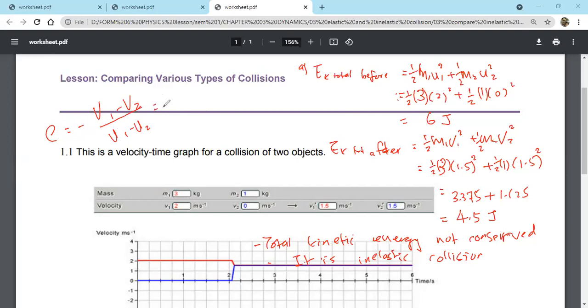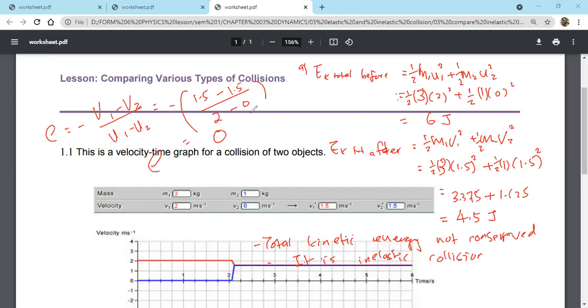That is negative (1.5 minus 1.5) over (2 minus 0), so e equals 0, since 0 divided by anything is still 0.